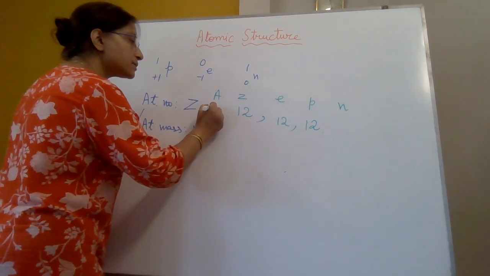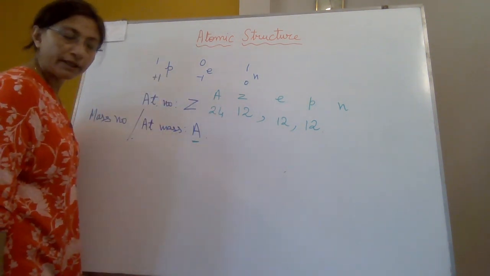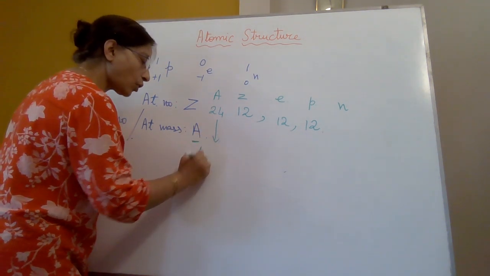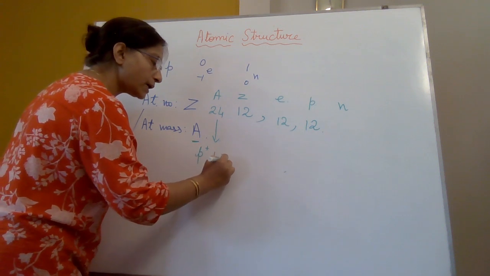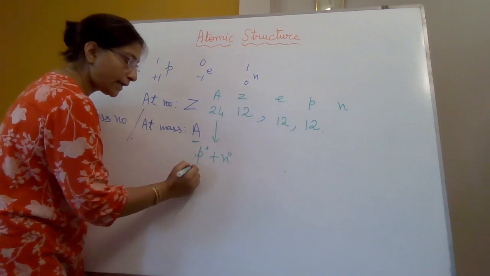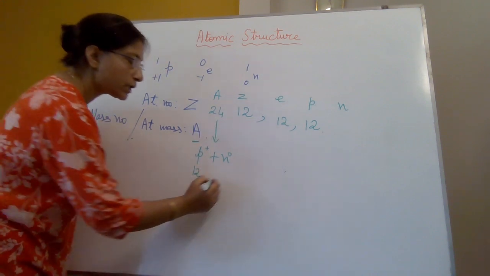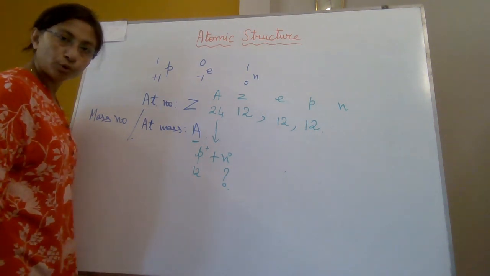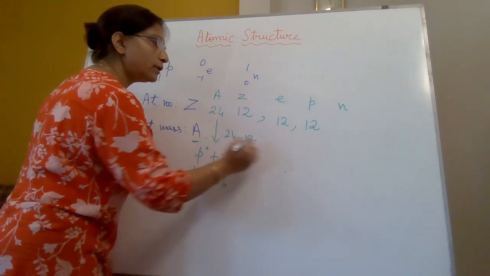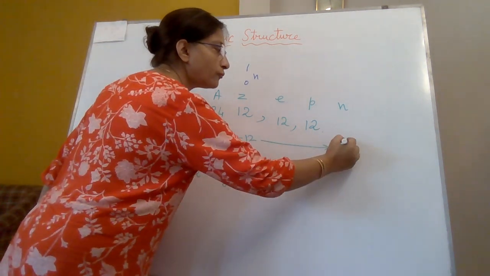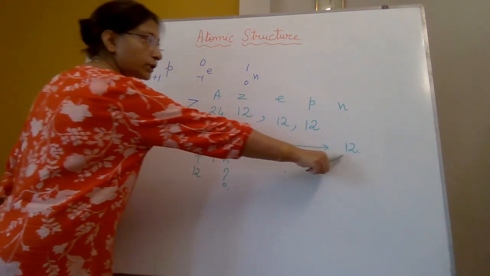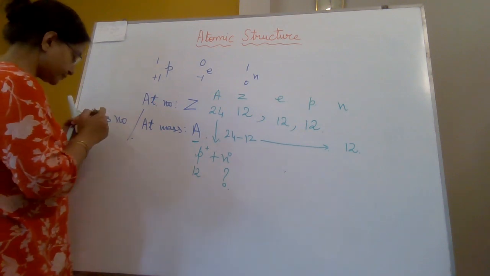Suppose I say the mass number is 24, right? Now what is mass number? Mass number was protons plus neutrons, correct? So out of these two, I know that the number of protons is 12. Can I identify the number of neutrons now? Yes. 24 minus 12 will give me my number of neutrons, that is 12, right? So that is how the number of neutrons is calculated.